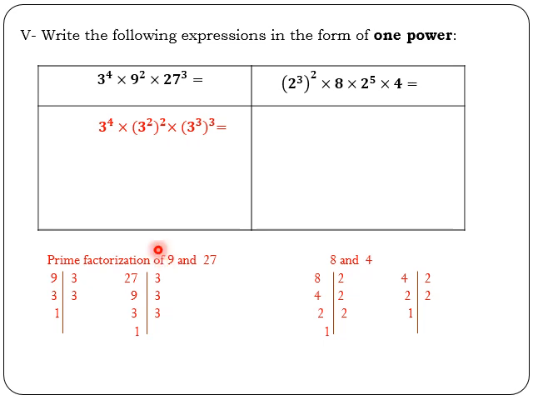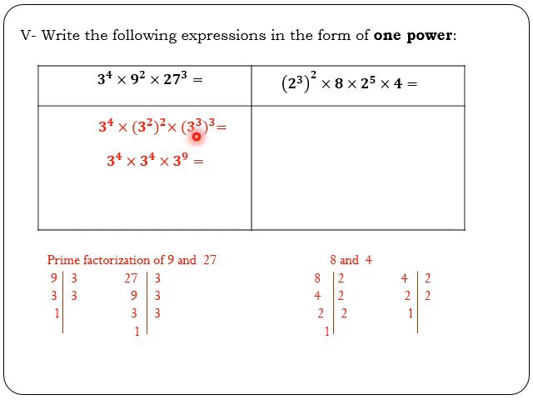So here I have to replace 9 by 3 squared and 27 by 3 cubed. The next answer I have to write on the line 3 power 4. Now 3 power 2 all to the power 2, I have to multiply the exponents. So it's 3 power 4.